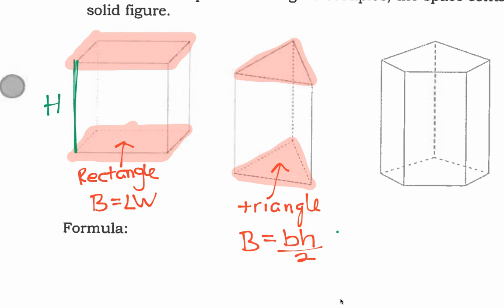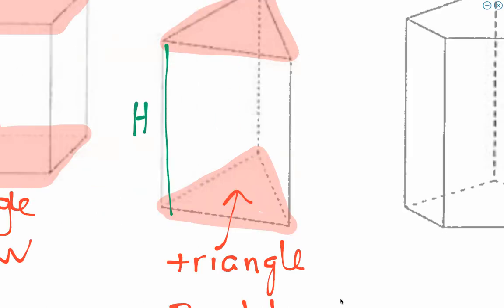Notice lowercase b, capital B. There's a reason for that. Lowercase h, capital H. We don't want to confuse them. The lowercase ones, we're just talking about the base of the triangle. And so maybe this is the base of the triangle. And this is the height of the triangle, depending on what type of triangle it is.